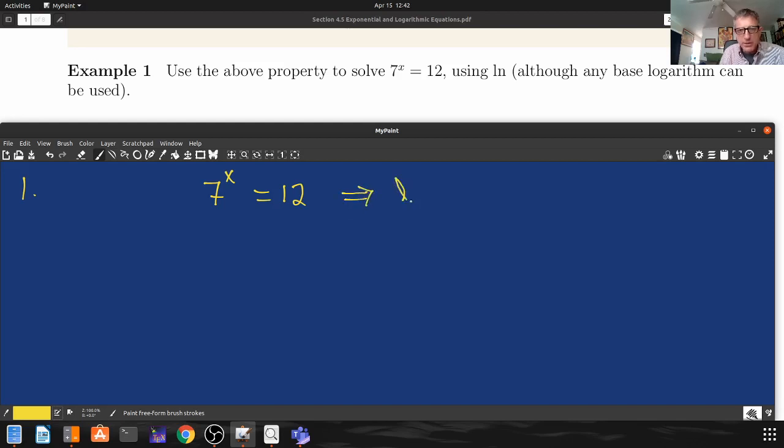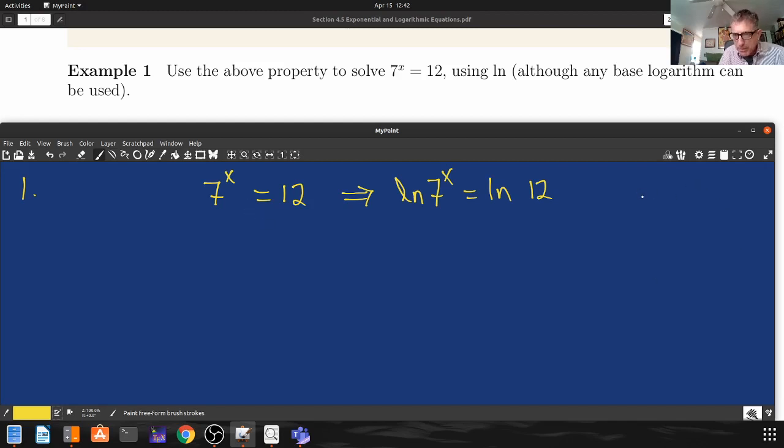So to solve it, I say here in the instructions we want to use the natural log. But I also note that any base logarithm can be used. If you're using a calculator, you have two choices, the natural log or the log to the base 10. So that's taking the natural log of both sides. If I have an equality, then if I take the log of both sides, the equality holds.